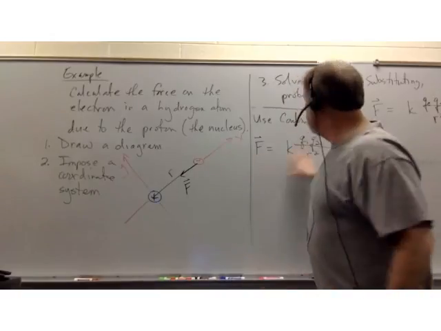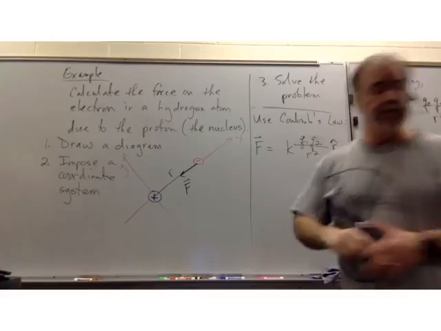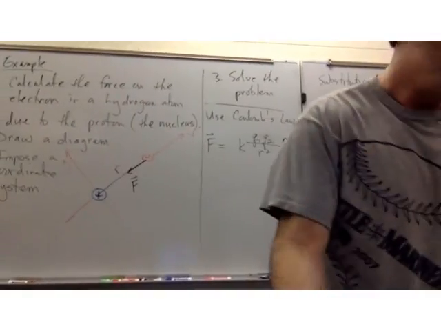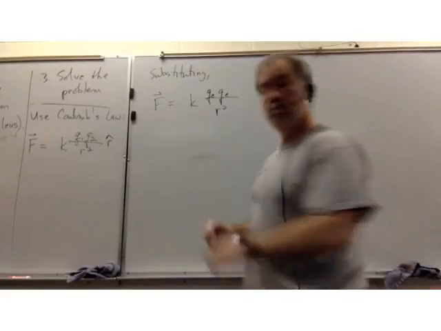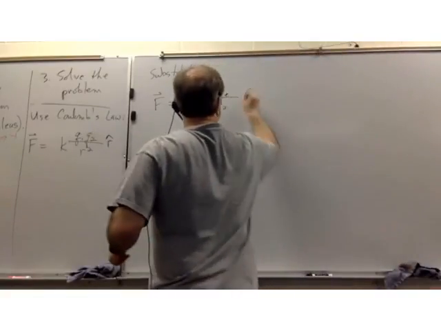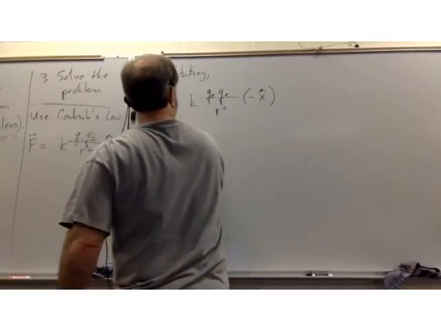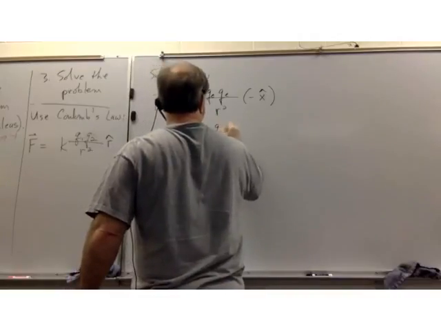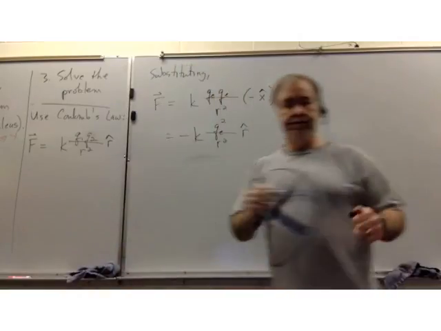So in substituting our specific variables into the general form of Coulomb's law, I end up writing negative x hat direction, or negative k q sub e squared over r squared r hat.